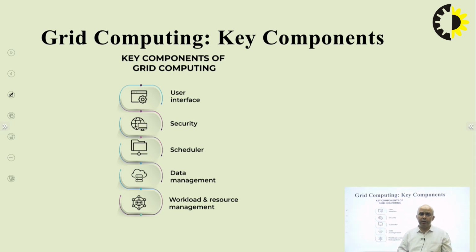In grid computing also, we must check whether the data is properly secure, as we are dividing the task into subtasks, and those subtasks are being given to various nodes or computers located at different geographical locations. So, security is one of the key components in grid computing. The scheduler will make sure which tasks are to be executed, then the data management and workloads. Let us take them one by one.